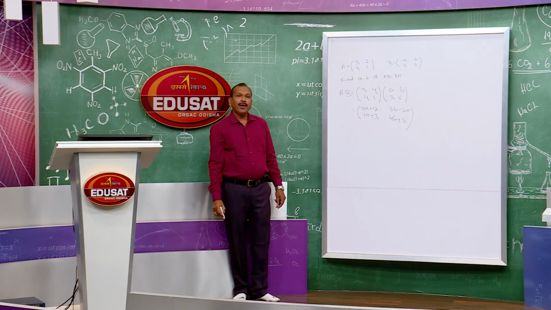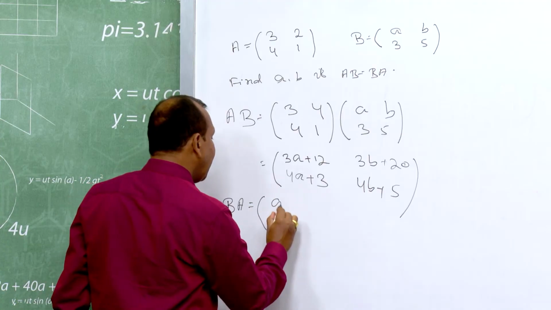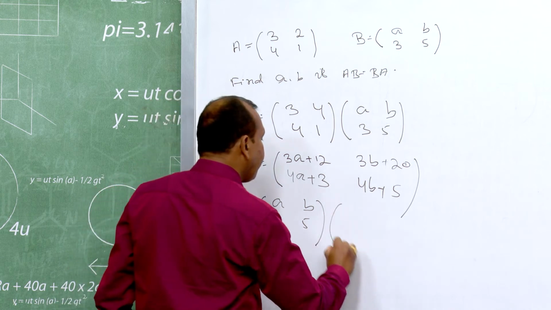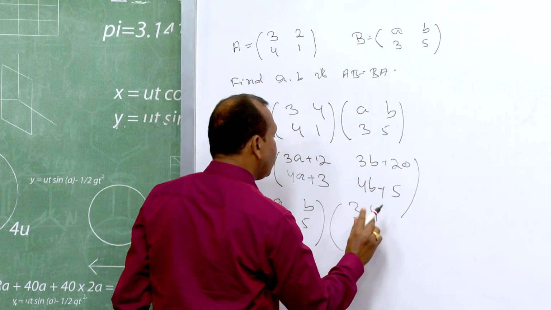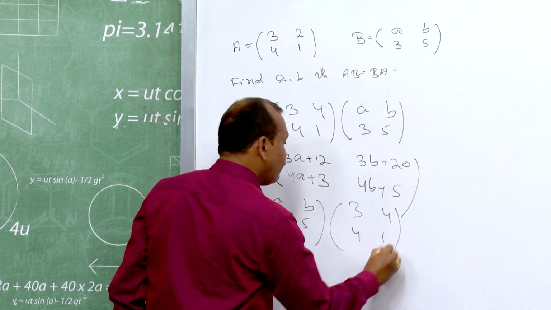Next, we have to find BA. BA means a b, 3 5 multiplied by 3 2, 4 1.